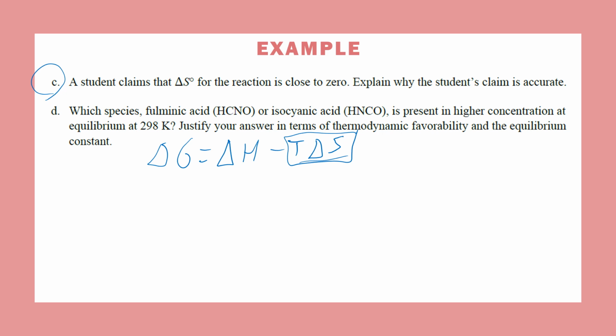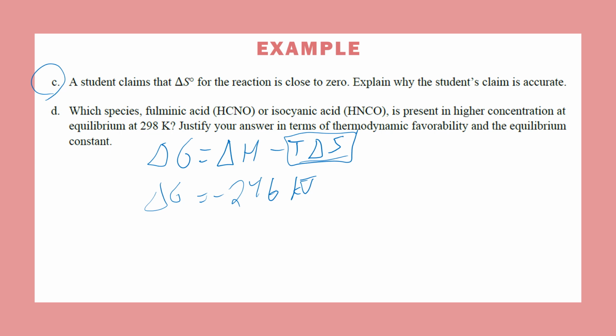And we found delta H in our bond enthalpies. That was negative 246 kilojoules per mole. So we can assume that delta G will also be very close to negative 246 kilojoules. So that is thermodynamically favorable in the forward direction.